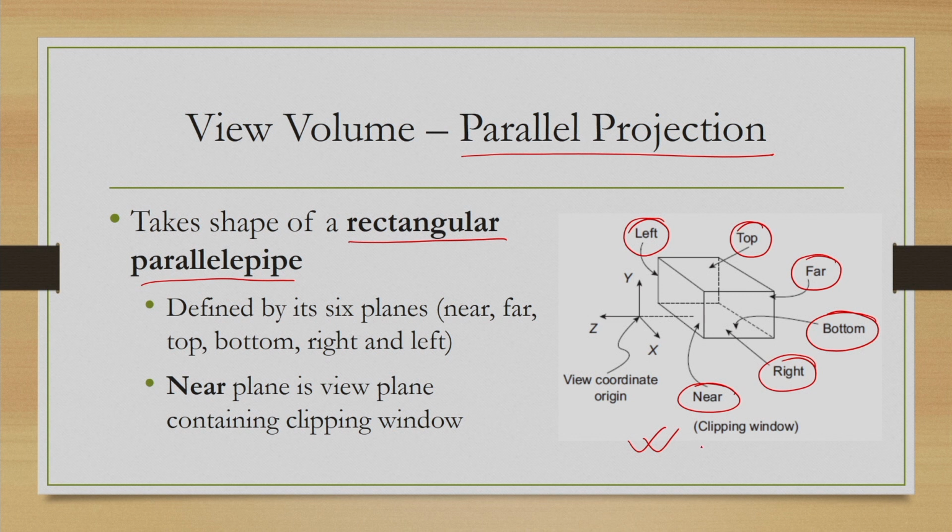This near plane is also the clipping window. So, essentially it is the view plane containing the clipping window. So, in case of parallel projection, we define the view volume as a rectangular parallelepiped defined by 6 planes, and the near plane is the view plane containing the clipping window.